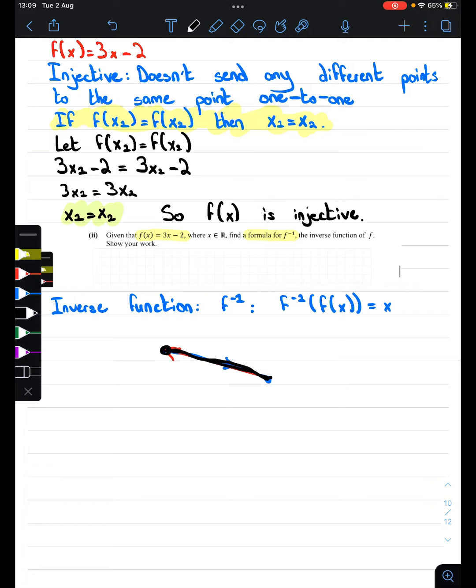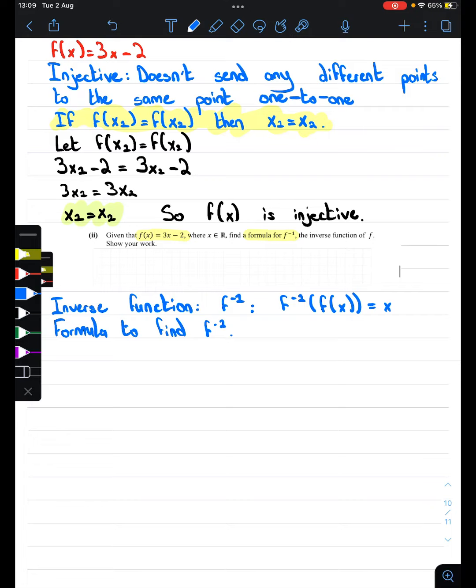So you just end up where you started. So f inverse of f of x is x. All right, okay, so how does that help us find what f inverse is? Well, we have a formula to find f inverse. And it goes like this.